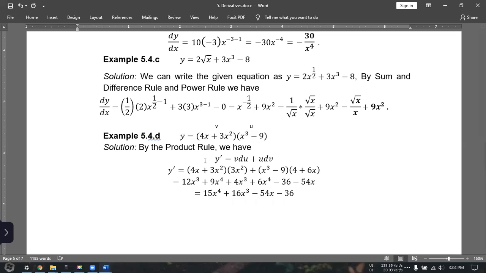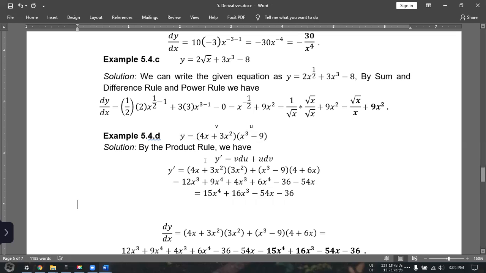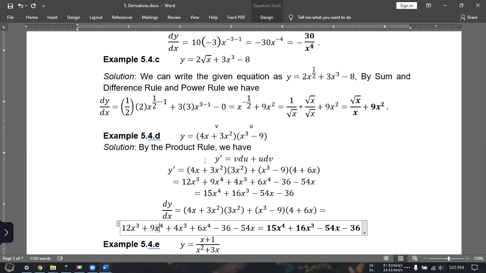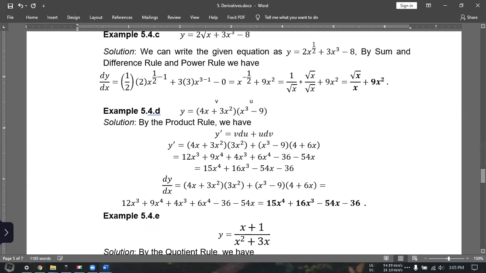So let's proceed to the next. Ito pa yung solution natin sa module. The next example, which is the same. Okay, next. So this is the given y is equal to x plus 1 over x squared plus 3x. Same now.